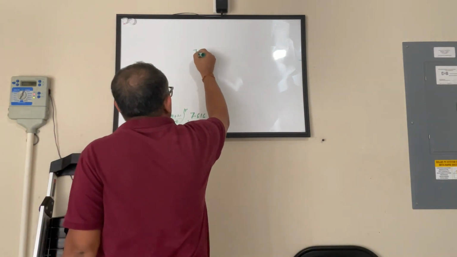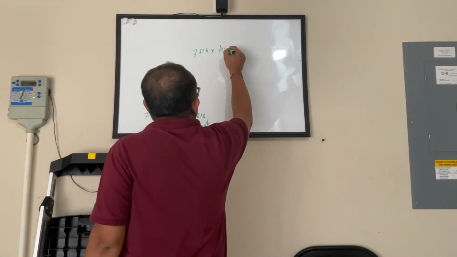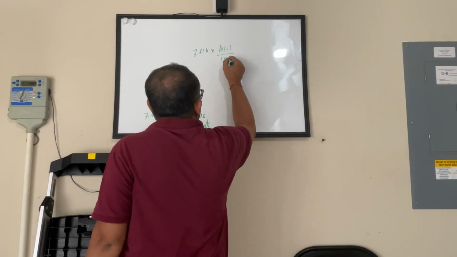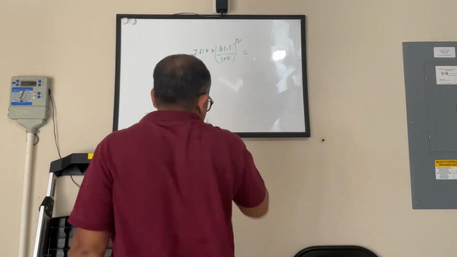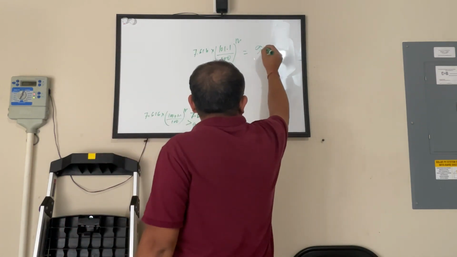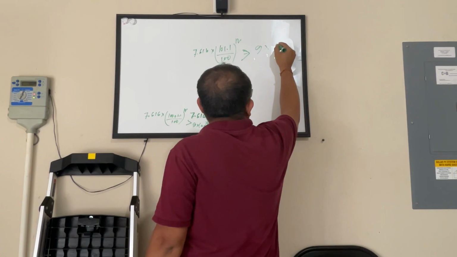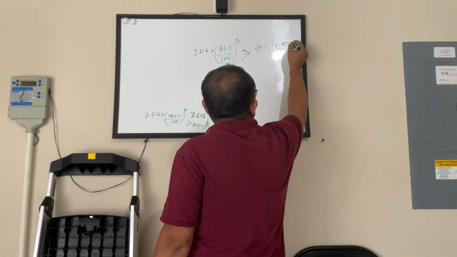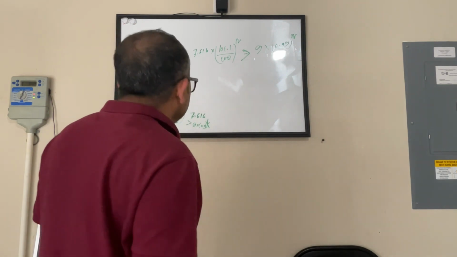So 7.616 into 101.1 by 100 to the power n equals, not equals, greater than 9 into 0.99 to the power n.